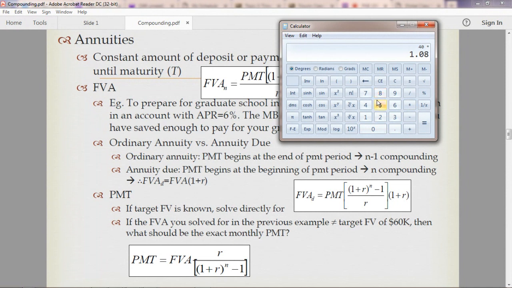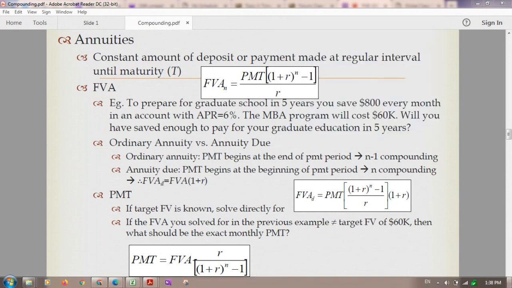But let's just say 1.08 raised to 5 years, right? In the single cash flow model, the future value will be like 58K, almost 59K. But again, we are still short, right? We're still short by about 1.3K, because our target future value is 60K. So that's one way.